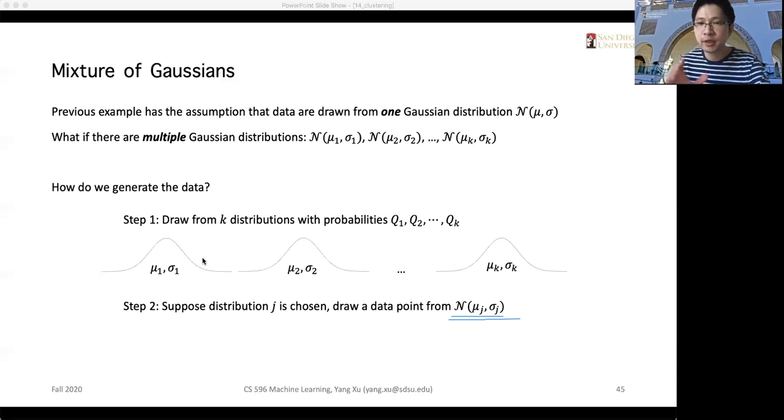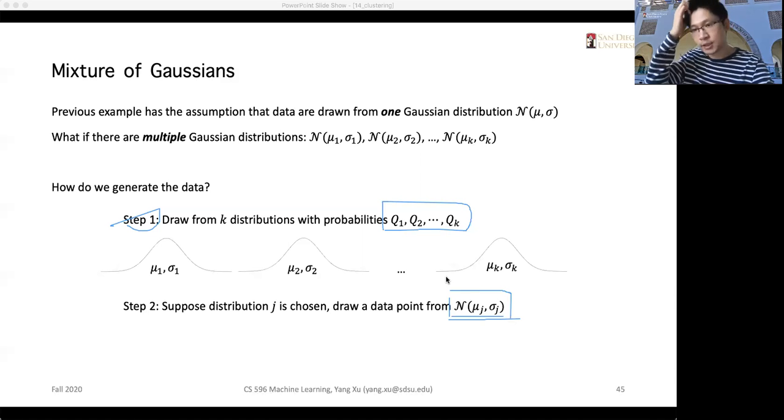So here we're talking about two separate steps. The first step is to decide which distribution to use. That step is also determined by a bunch of prior probabilities from Q1 to Qk, which are unknown at the beginning. The second step is to narrow down to that selected distribution, which has its own parameters, mu j and sigma j, and then we draw one data point from that Gaussian distribution.